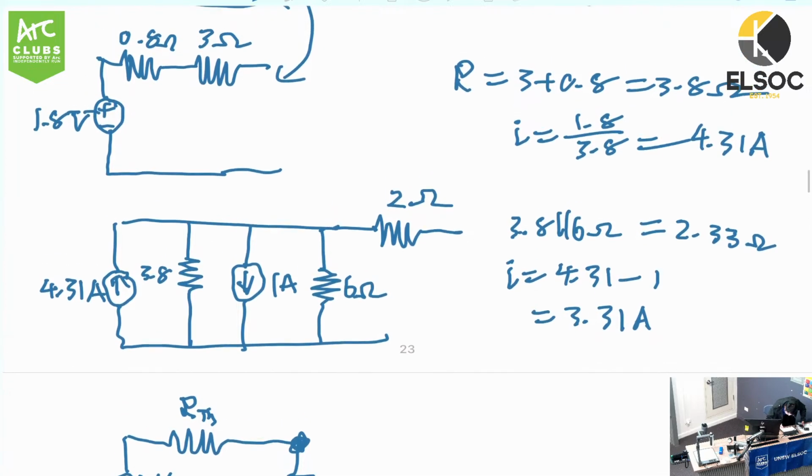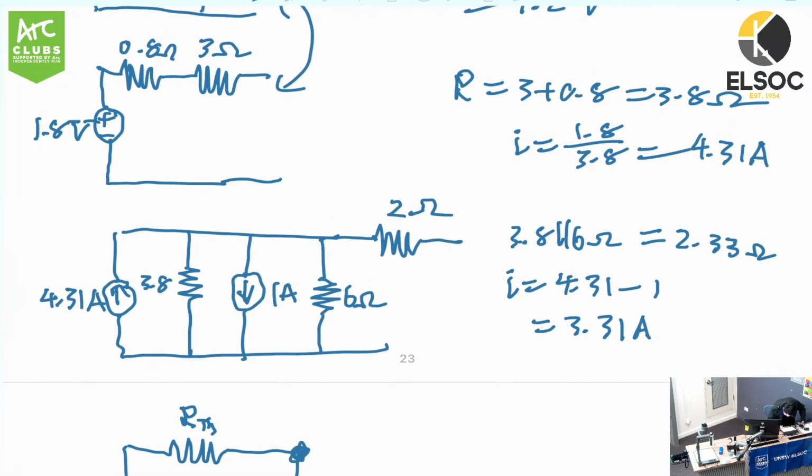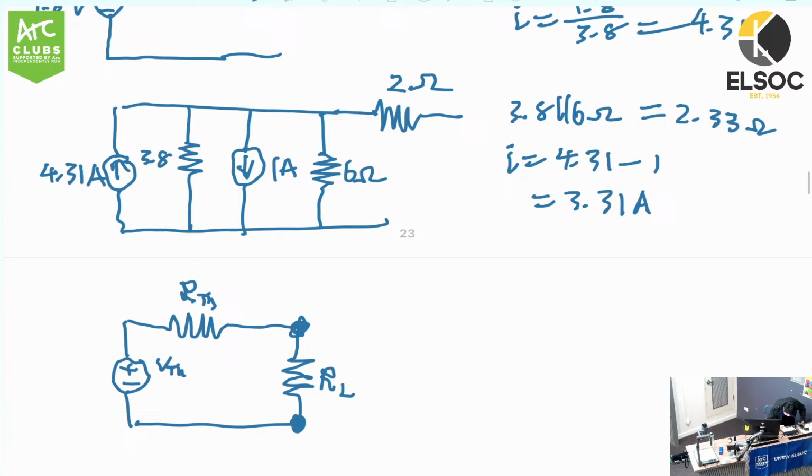Yep, and finally, we can do our final transformation, which is to do V equals IR, so 3.31 times 2.33.